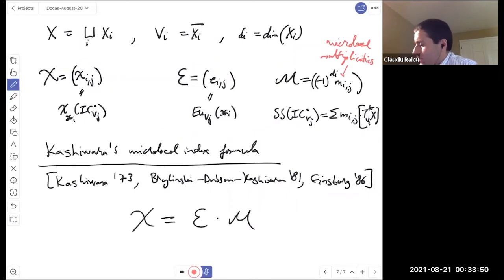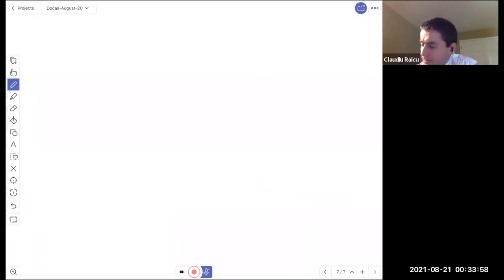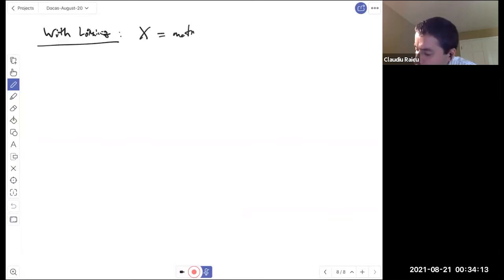And so then what Andras, Lawrence, and I do is we look at the case of these matrix stratifications. So X is a matrix space, and G is a natural group of symmetries.